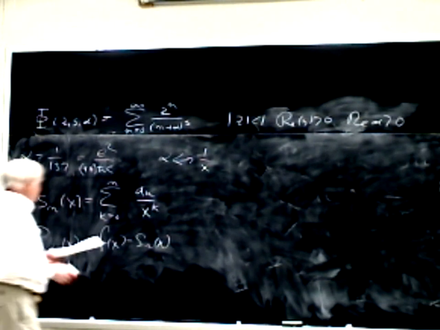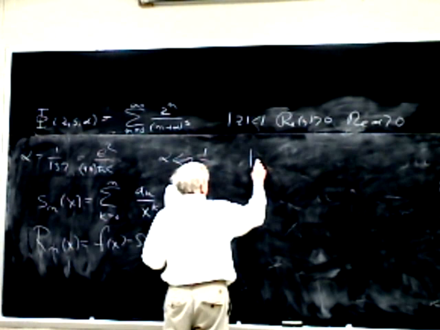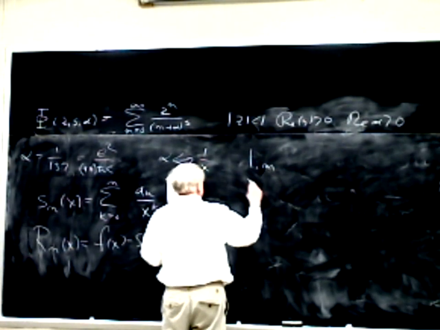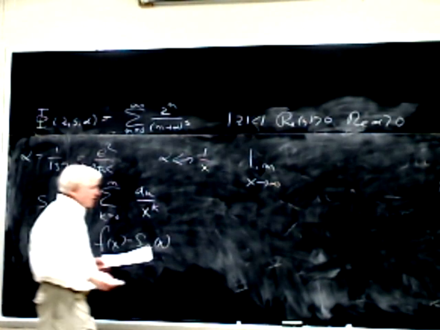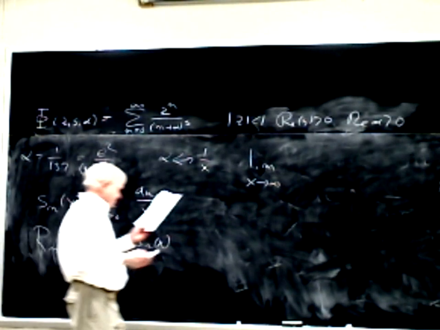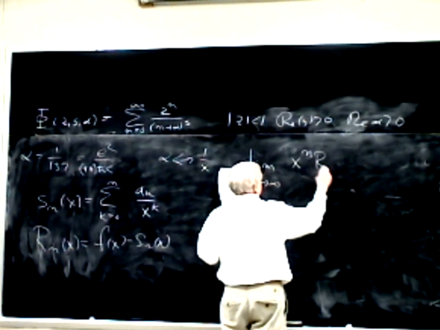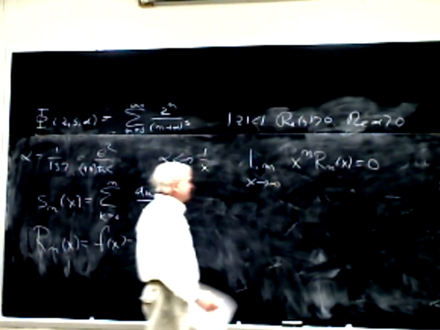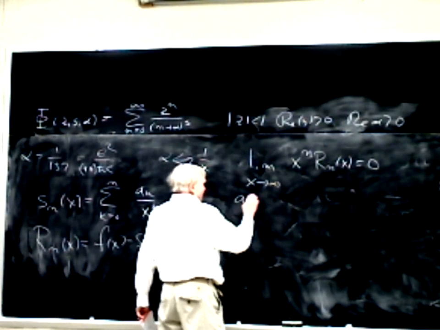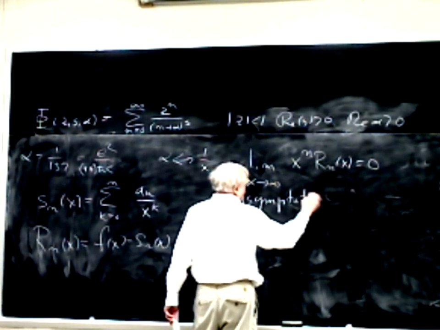And now we say that this is an asymptotic series if we have the limit as x goes to infinity, which would be the limit alpha going to 0, the fine structure constant going to 0, of x to the n times R_n of x equals 0. So this is what defines an asymptotic series.